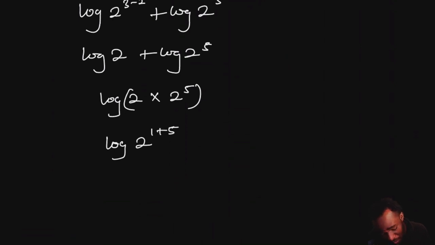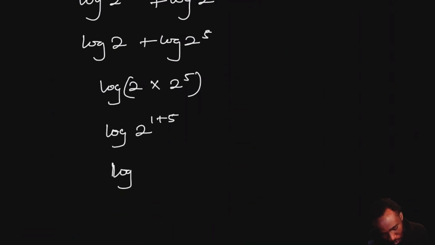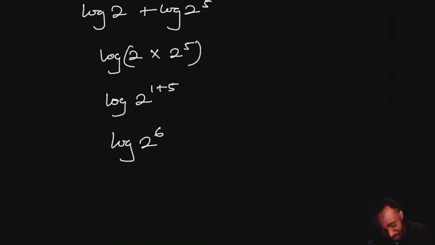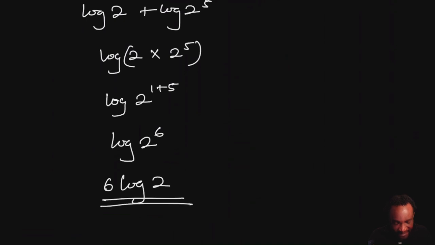So you can write the answer straight away, but I just wanted to do it because I want to make it a bit clear. So our final answer is going to be log 2 raised to the power 6. And you can further drop this using the power rule to get a result of 6 log 2. So our answer is 6 log 2. Did you get the same answer?